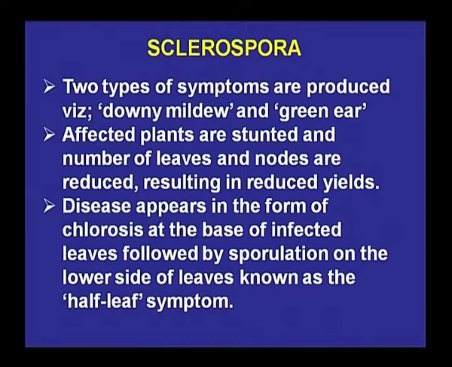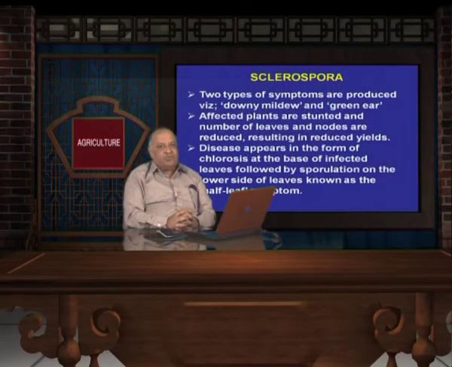When we grow the plants in the field, when we sow the seeds, after 2 or 3 days we see that plants are showing signs of chlorosis or yellowing. This shows that Sclerospora graminicola, the causal fungus of downy mildew, has attacked the plant in the field.